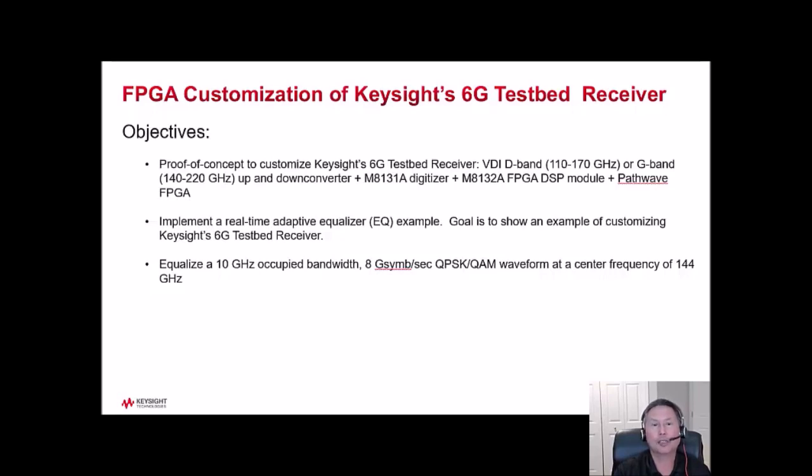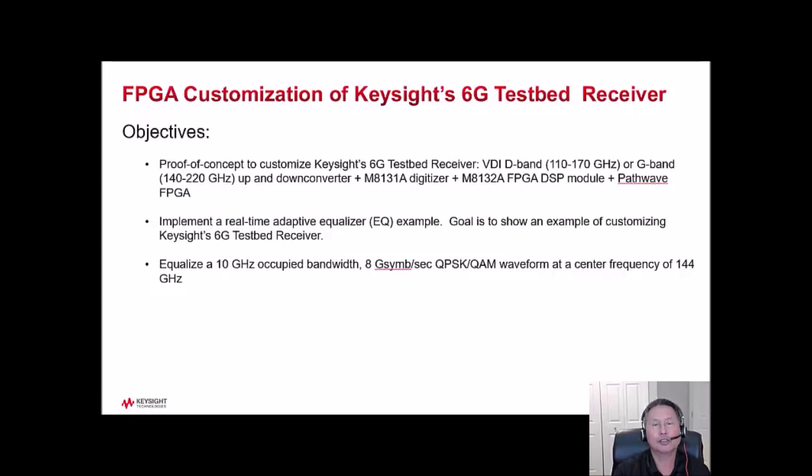The first objective is to create a proof of concept to customize Keysight's 6G testbed receiver using VDI D-band or G-band converters, the M8131A digitizer, the M8132A FPGA DSP module, and PathWave FPGA. Another objective is to implement a real-time adaptive equalizer example.